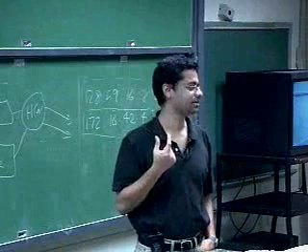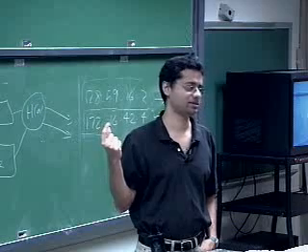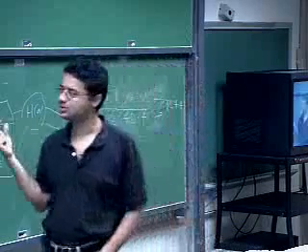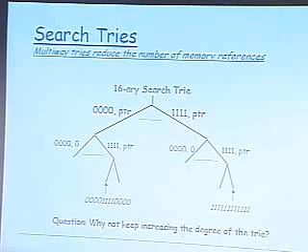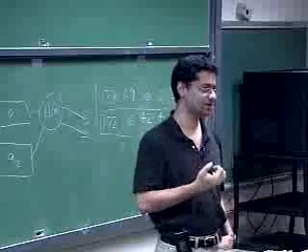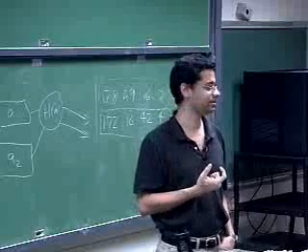Memory is expensive, but that memory is going to be wasted. So that's why there's a trade-off in choosing the degree of the tree. You reduce the number of memory accesses that are needed to get a search, to get a match, but you give up a lot of wasted memory.